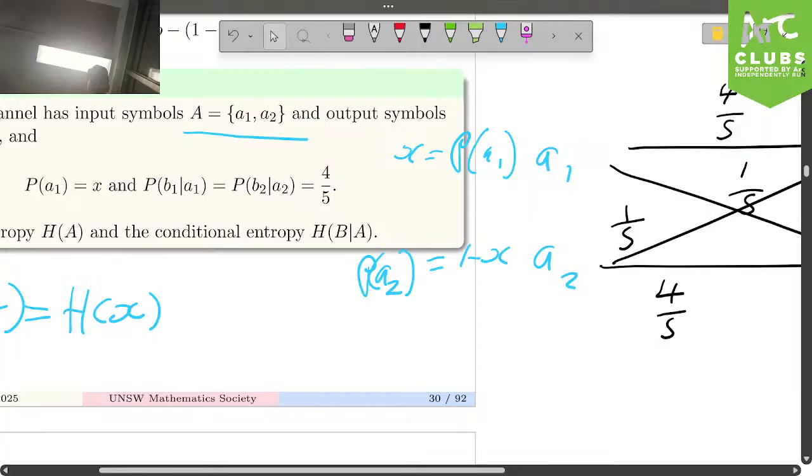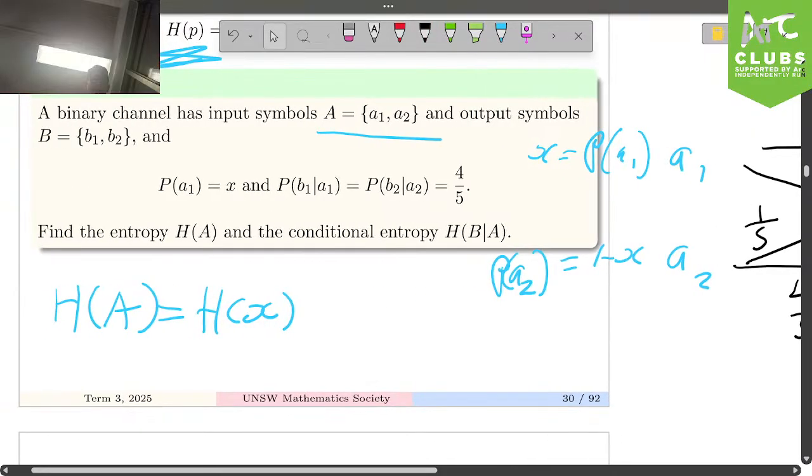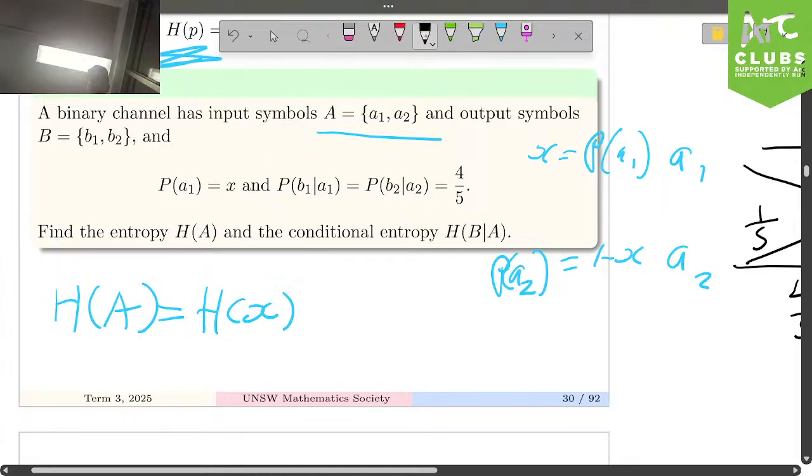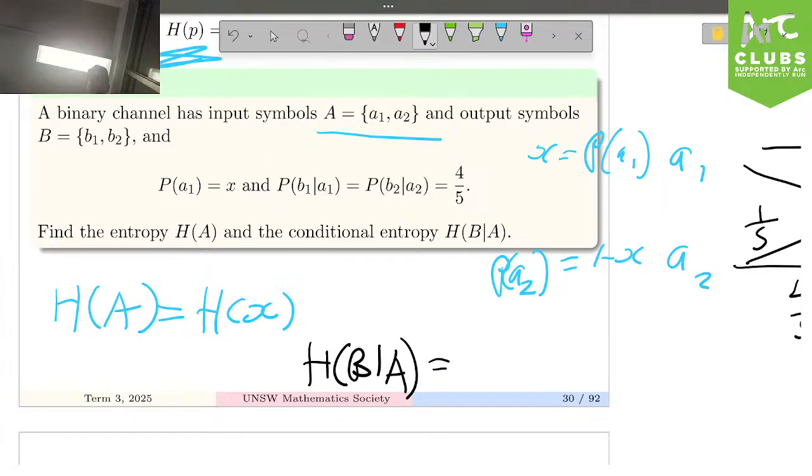I think we can actually just compute it straight away because we have these conditional entropies and we do have the entropy for A. So we can compute this as H of B given A, which should be X times H of B given A1.